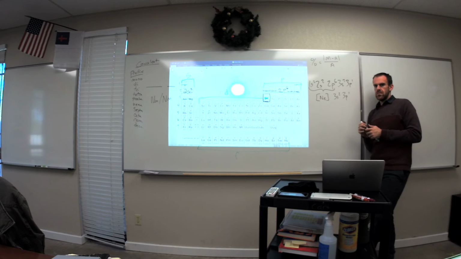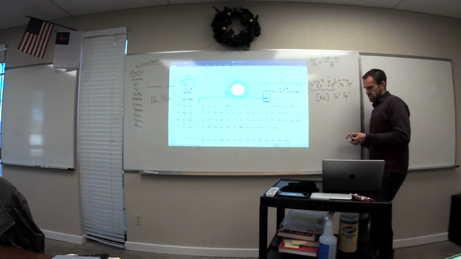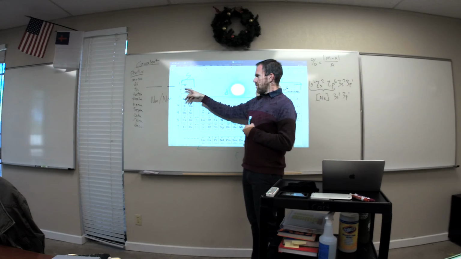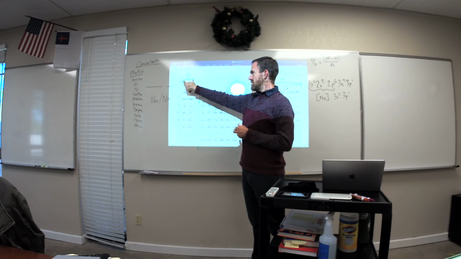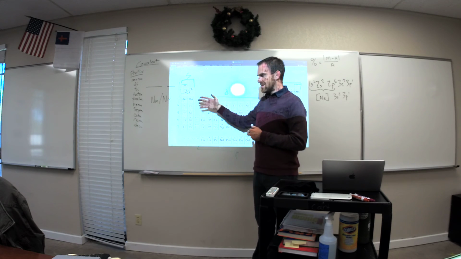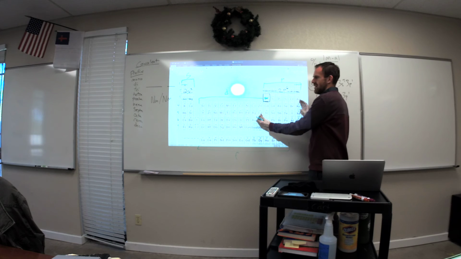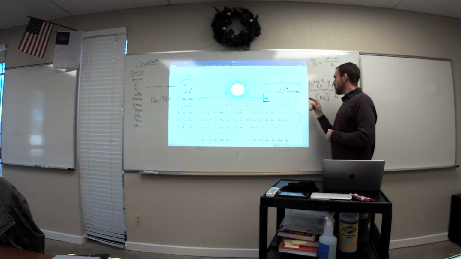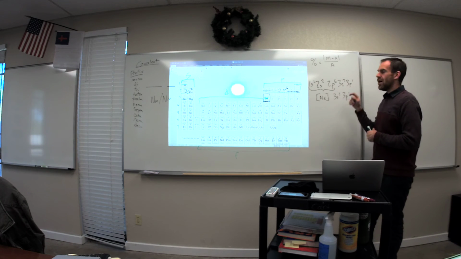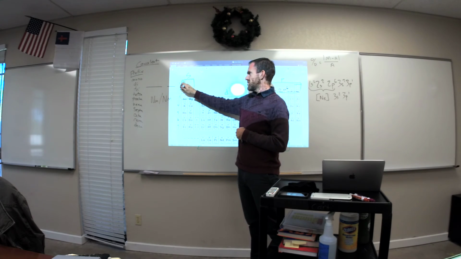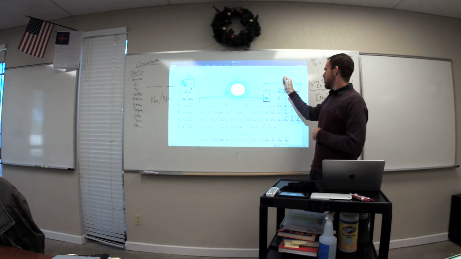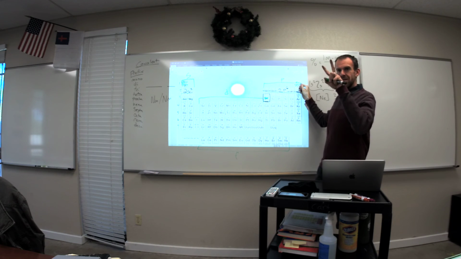How do you count that? The row is the first number. S is anything in here, D is anything in here, P is anything in here. The little numbers up there are how many I filled. So this would be 1s1, 1s2, because I filled 2 of them.